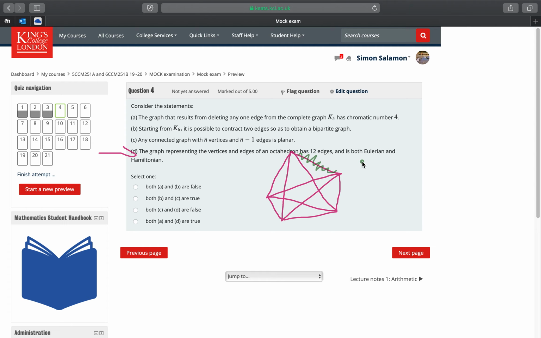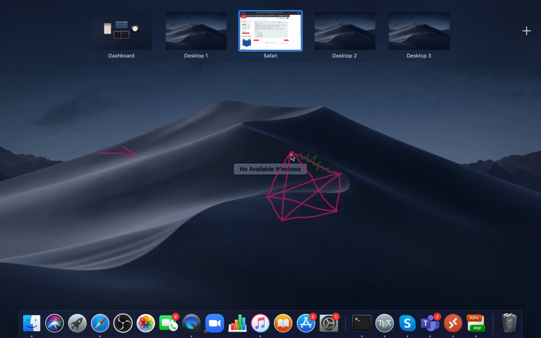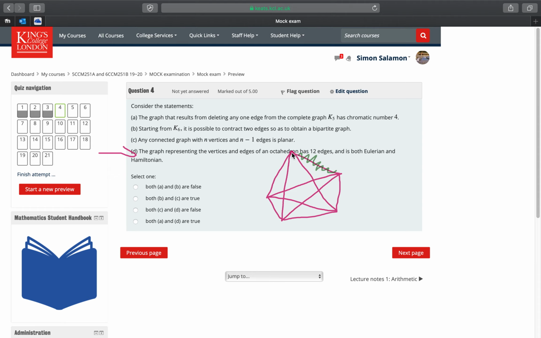Well, the key point is that in this case, you can use the same colour for these 2 vertices, because they're not adjacent anymore. And then you just have 3 colours on the other vertices. So certainly 4 colours will be enough, and you're going to need 4 colours. So A is actually true.